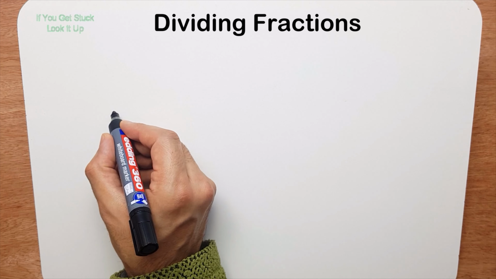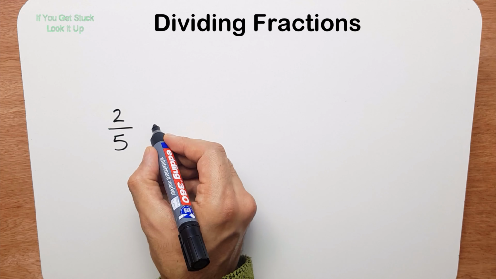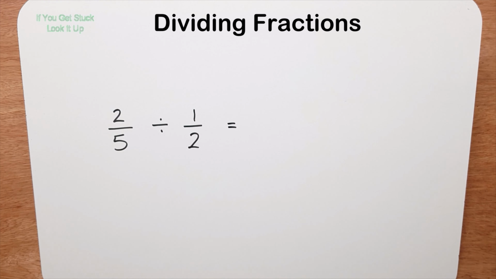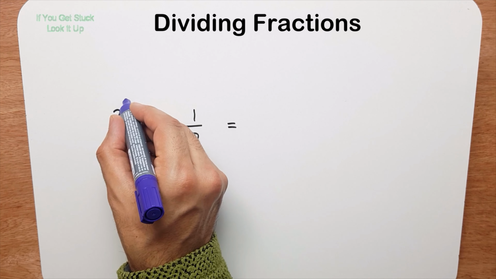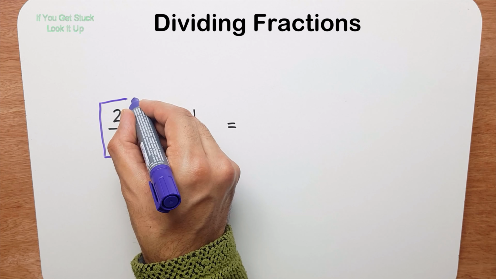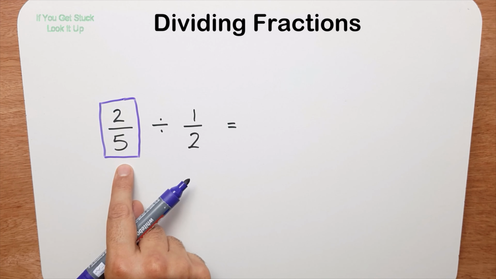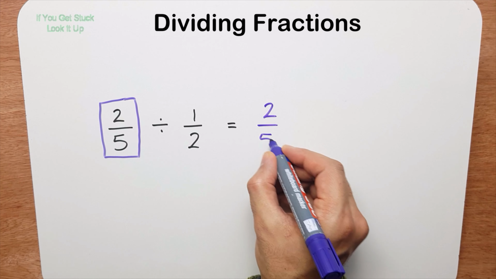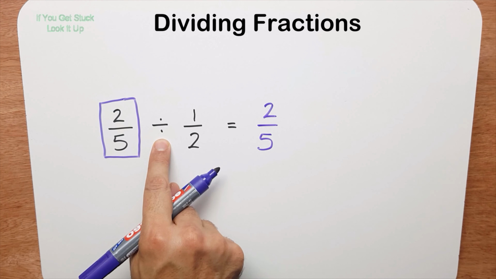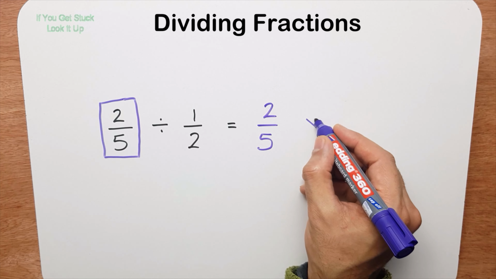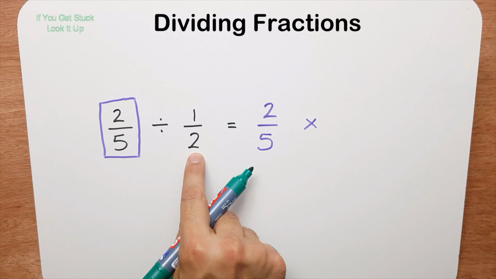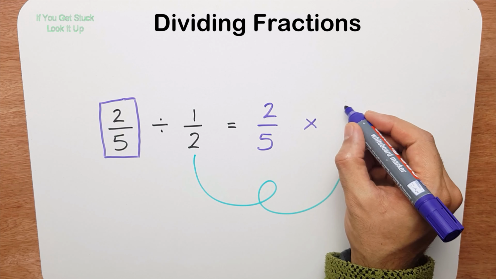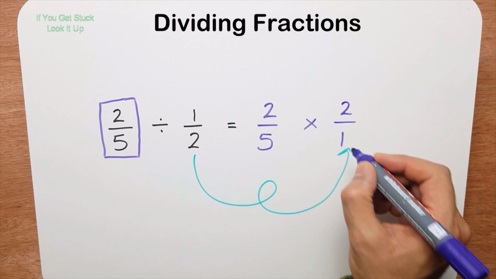Okay, let me do another example. 2/5 divided by 1/2. And what did we say? We put this fraction into concrete, so that does not move. That fraction stays the same. So the first fraction is 2/5. We turn the divide into a times, and we flip the second fraction. 2/1.